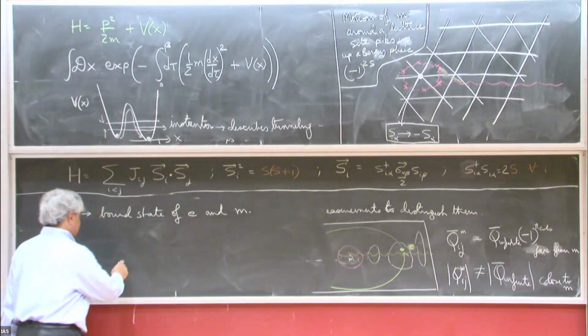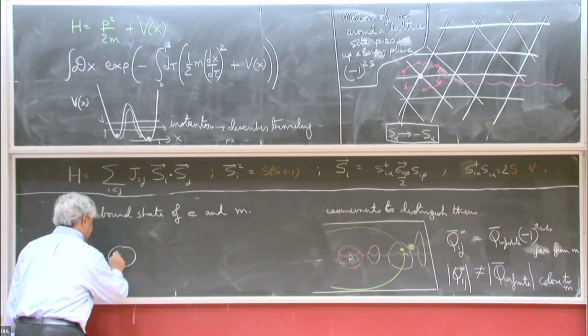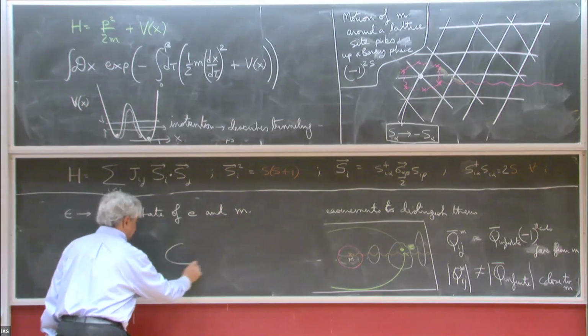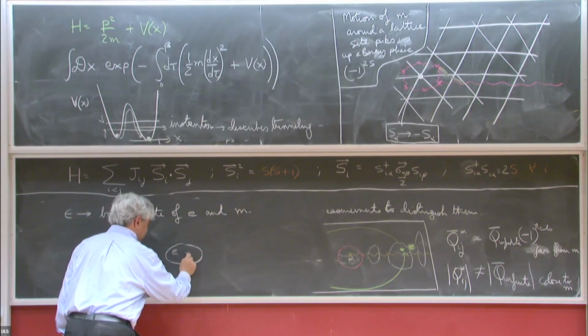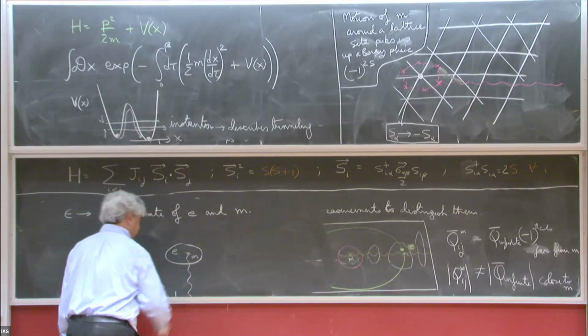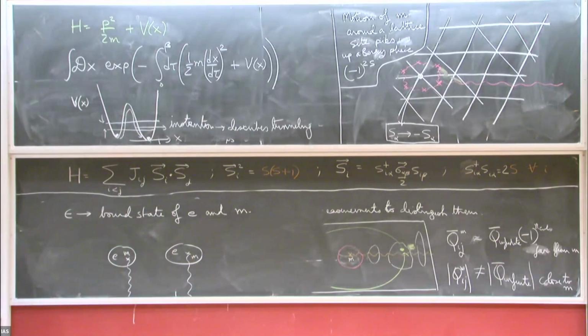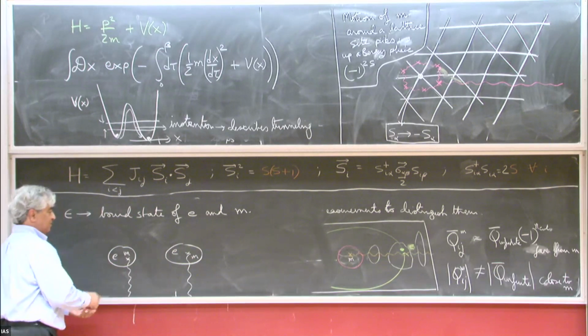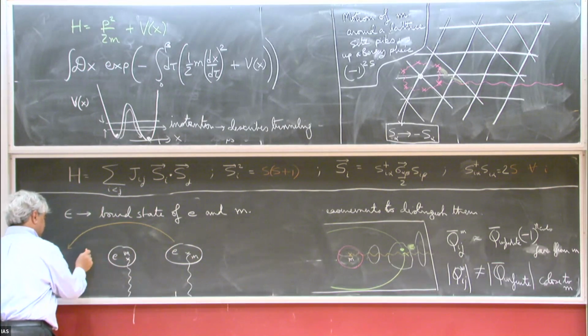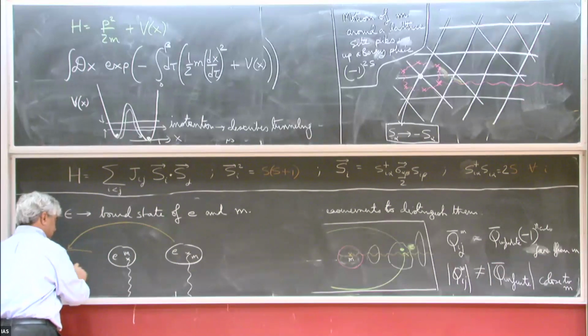Okay, so here's an EM bound state. There's another EM bound state. So these have branch cuts. Let's say they go around this way. And now you can ask what happens when you move this bound state around the other one. So you take this bound state and you move it here, and that corresponds to an exchange of the two of them.